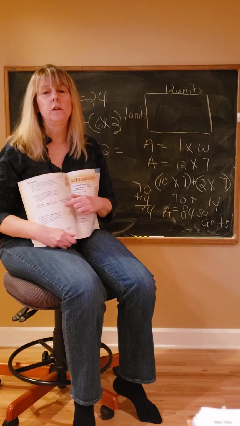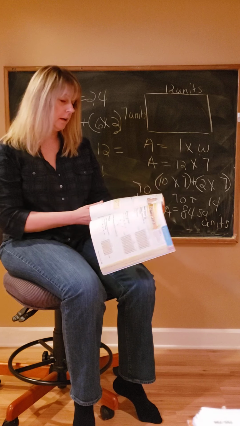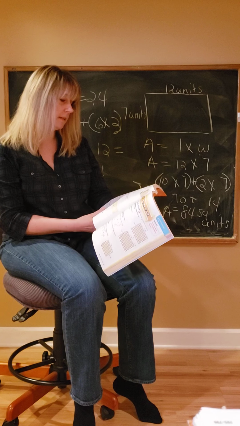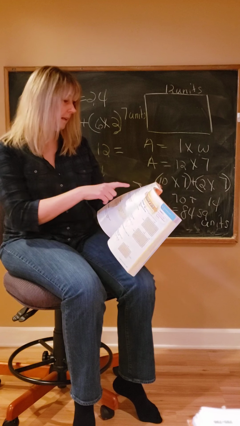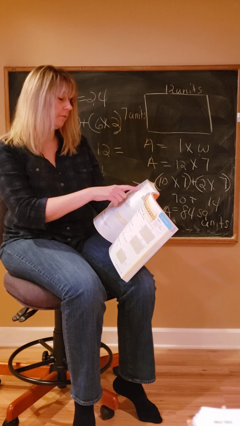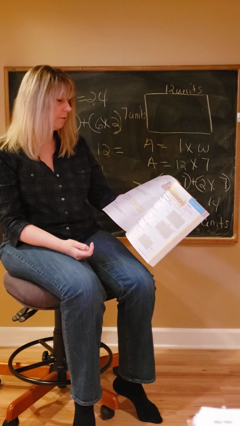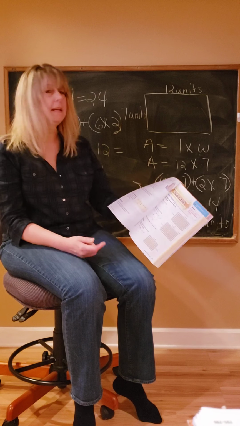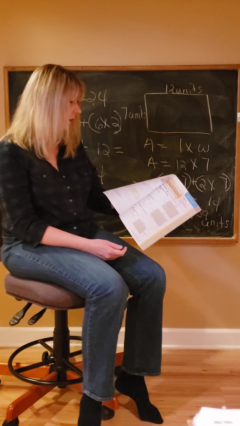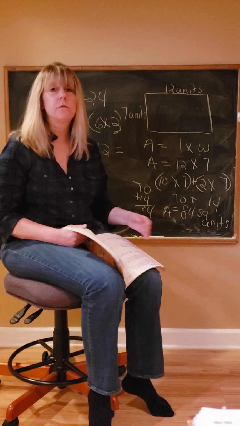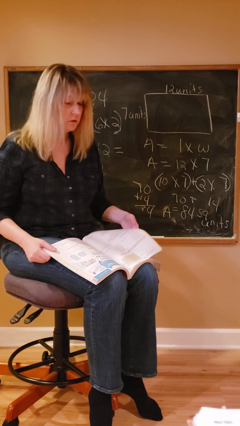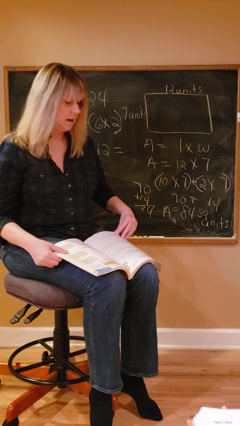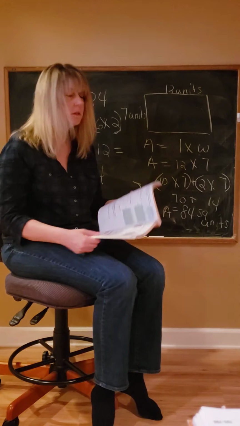Make sure that you label your area in square units. I see feet in number 8, feet in number 7, so you're going to have square feet. And number 10 is inches, so you'll have square inches. You could do the homework page if you're really bored and want something else to do for extra practice. But pretty much that's all it is.